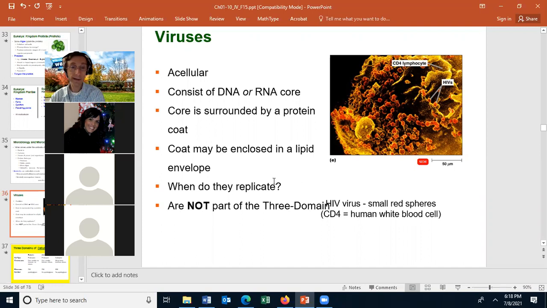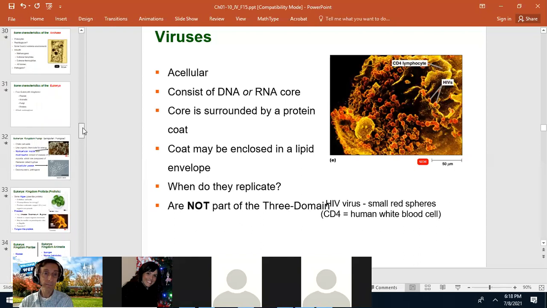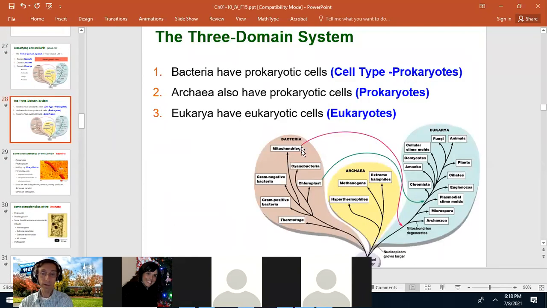You should also understand that viruses are not a part of the three-domain system. Let me go back to that. So if you look at this, you will see that there's no viruses in here. And that's because this is the classification of a living organism that has a cell.